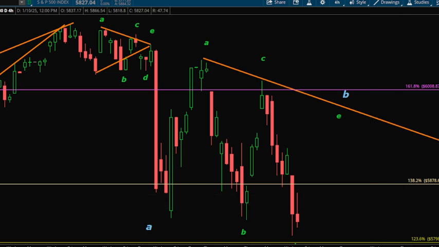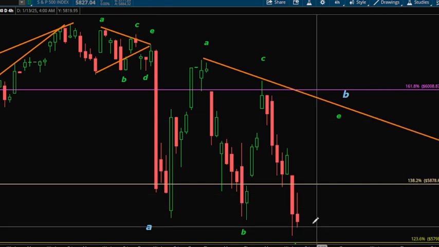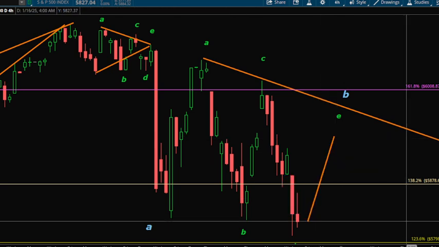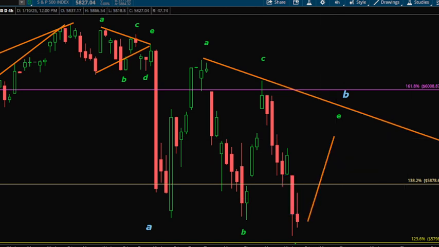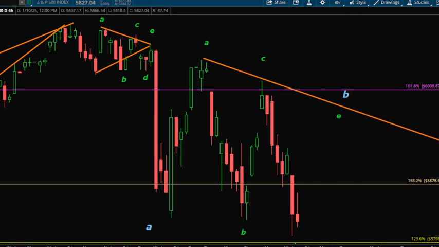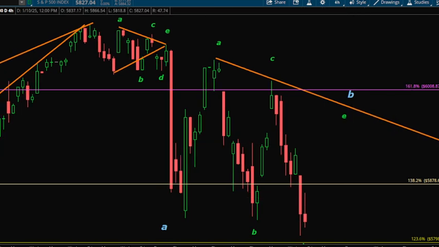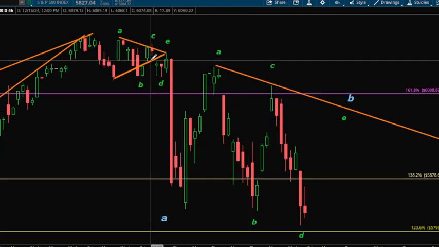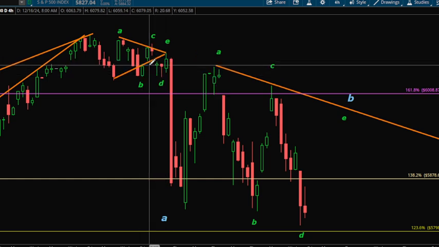So that's pretty much it. I think that now, okay, we can do this. We can say because these triangle patterns that we've had in the past, you've had these false breakouts, right?